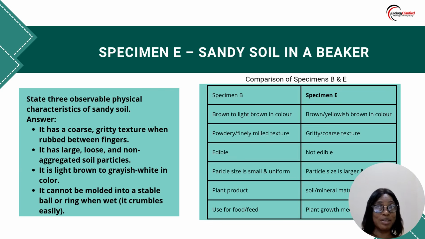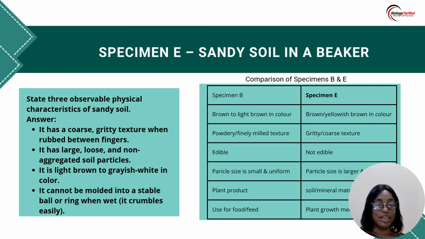Specimen B is light brown in color, and then specimen E is brown or yellowish brown. Just look at the color difference and write. Powdery, that's for those who will mill their own, so finely milled texture. Then for sandy soil, it is coarse texture.